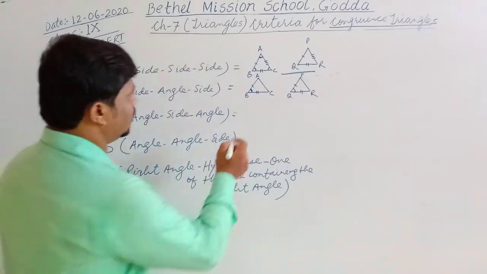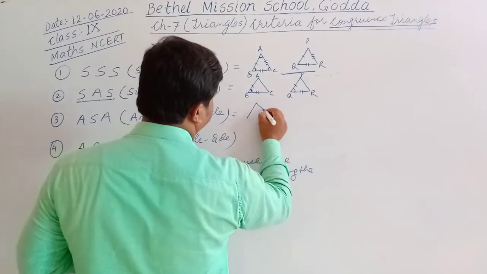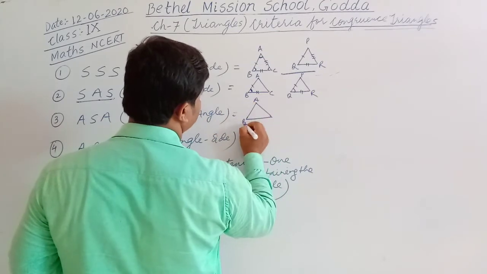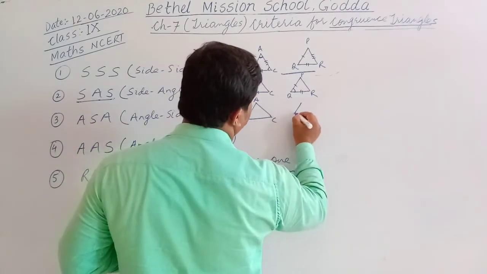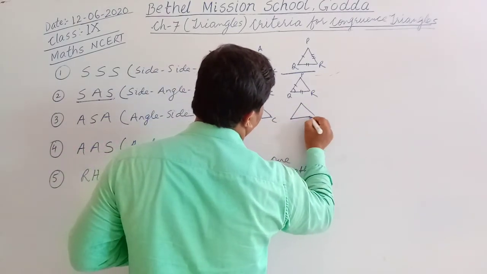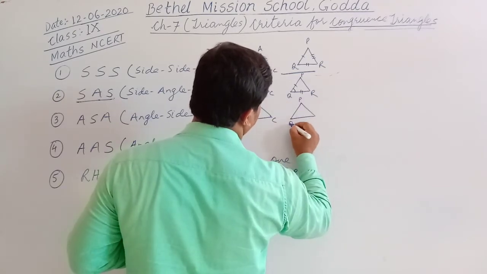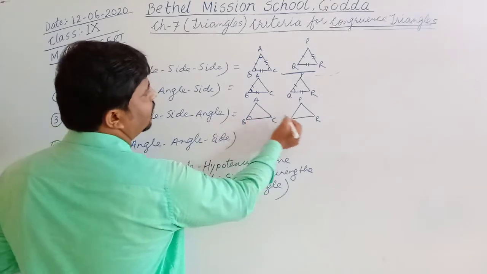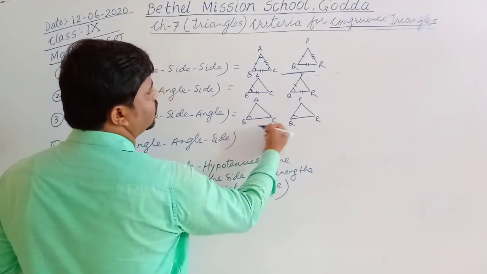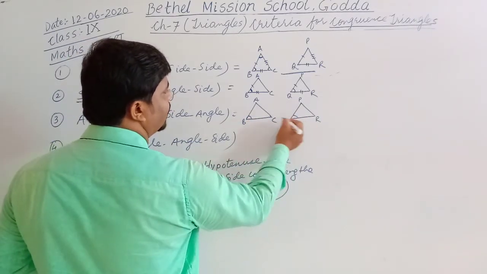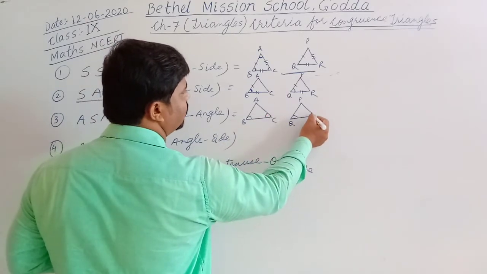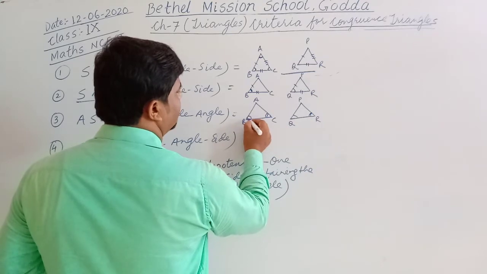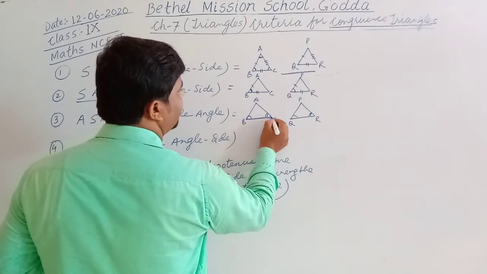Okay. So see by the diagram I have drawn, this is the triangle ABC, another triangle is this PQR. Two angles: angle B, corresponding angle of PQR will be Q, angle C, and I suppose this angle is R, and included side will be BC.